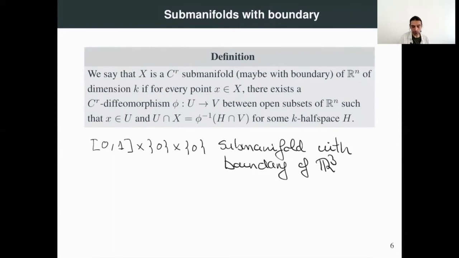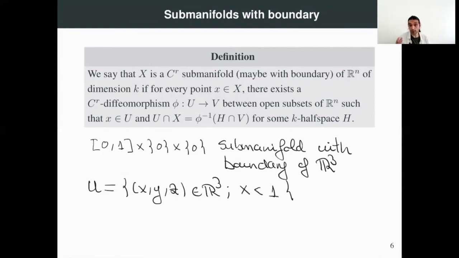Let's consider the first one. So we are going to consider U as being the set of points (x,y,z) in R^3 such that x is smaller than 1. That's an open subset of R^3. And we're going to define B also equal to U. And indeed, we are going to define phi as the identity map of U or B, okay?